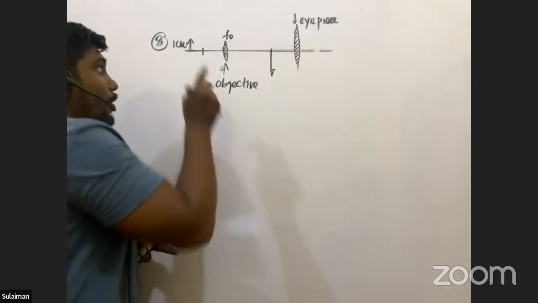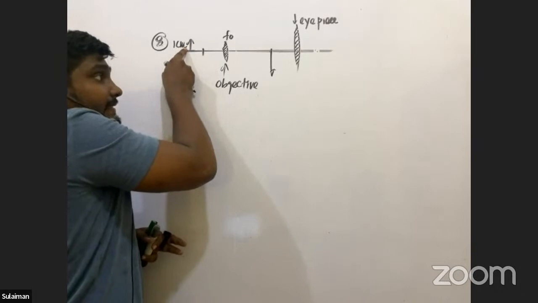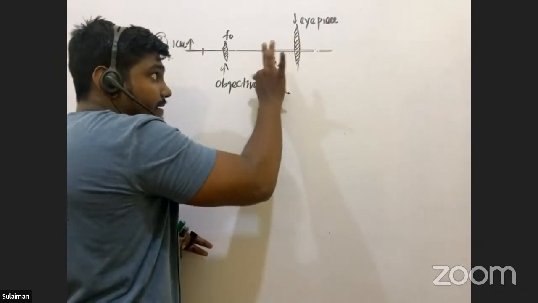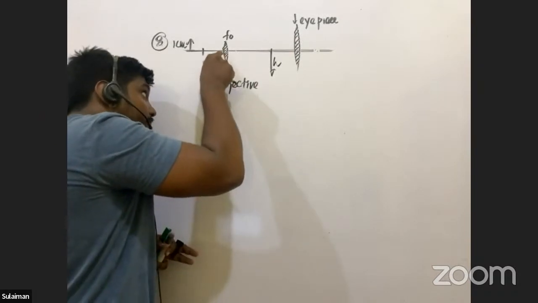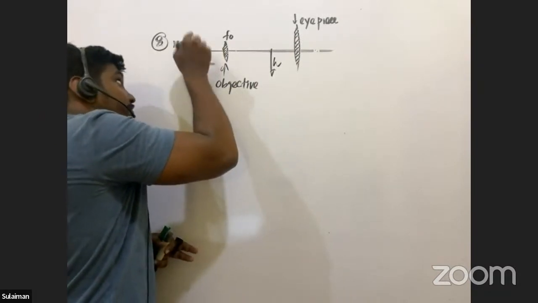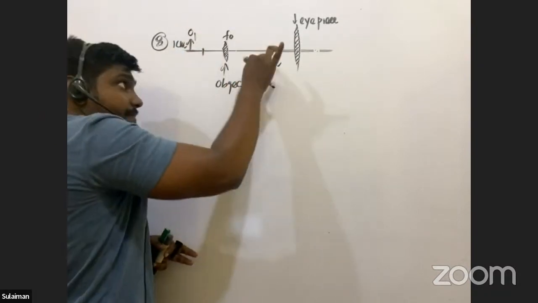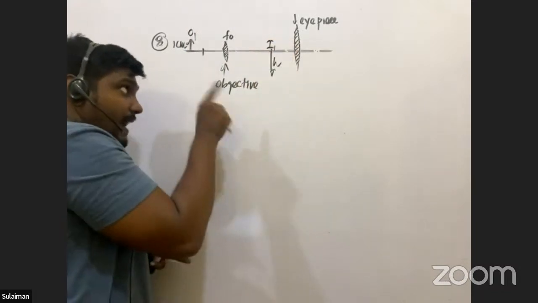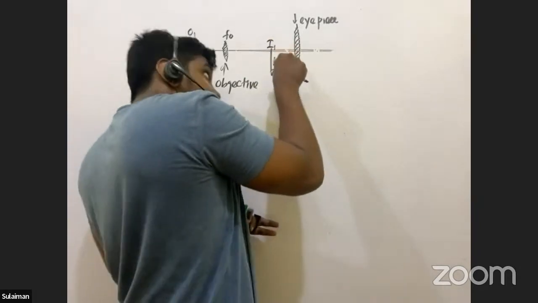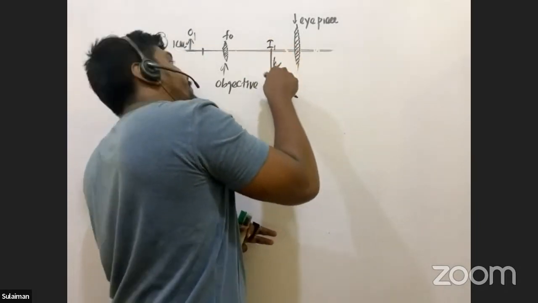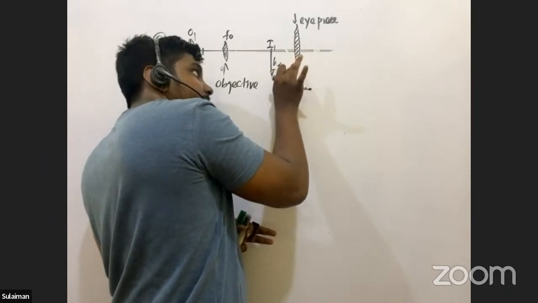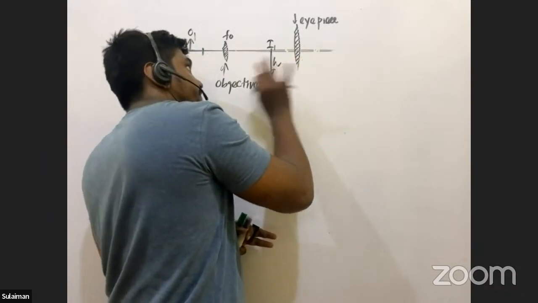Object height is 1 centimeter. If you need this height, I see this height as the image height, simple H. When you consider the objective lens, this is the object, and this is the image, I1. Then the eyepiece lens considers this as the object and forms an image.